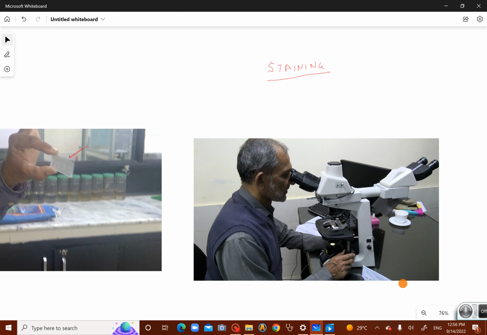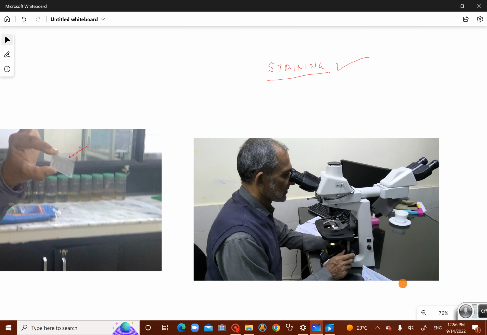So once the staining is done with eosin and hematoxylin, the slide is ready for inspection under the microscope. So this is a teaching microscope where the teacher and another person can see what is seen inside.